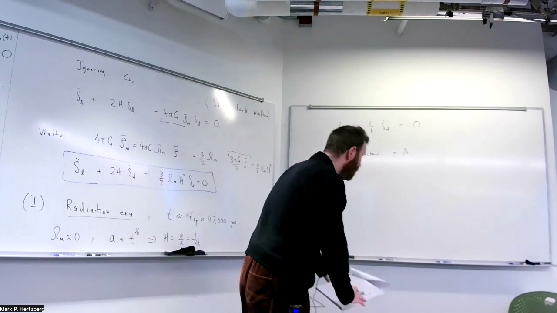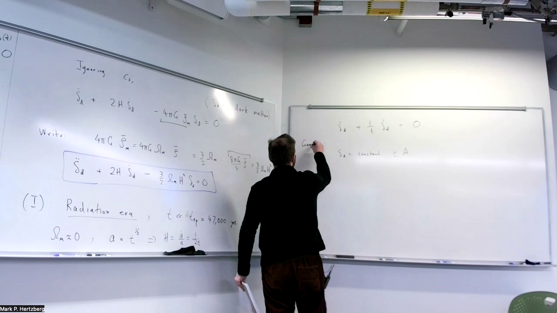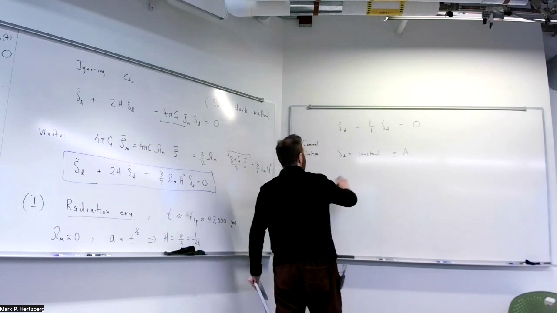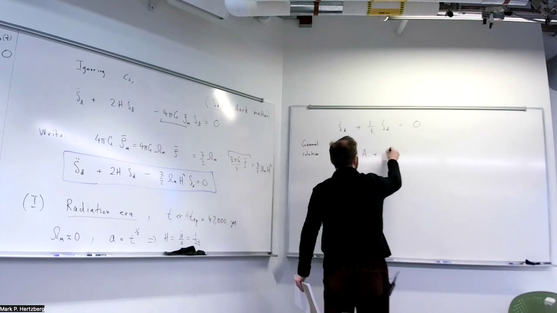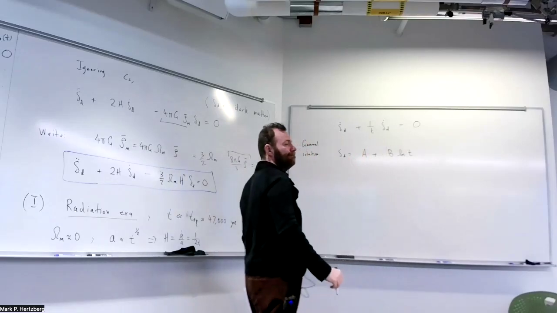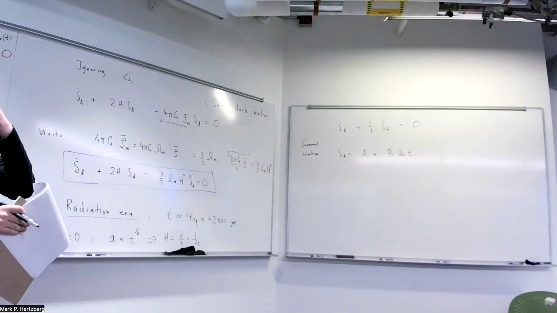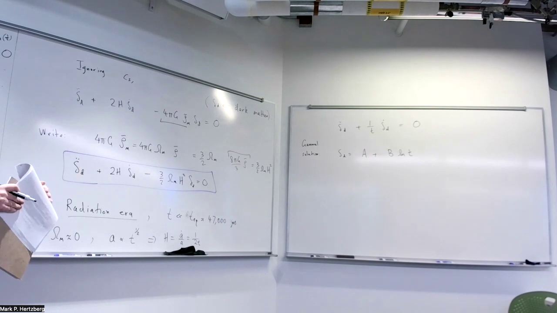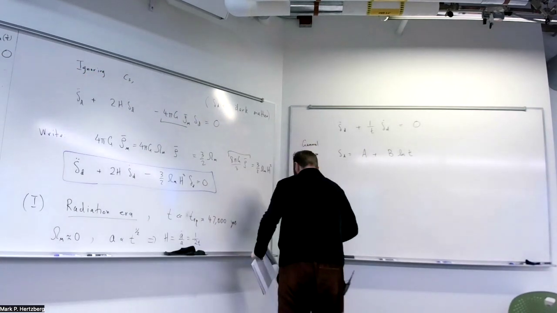Okay. So let me just state that the general solution I'm going to write as this constant, and then I'm going to add b log t. Okay. And a and b are just arbitrary numbers. It's a second order differential equation, so it should have two parameters to specify all solutions. And we can just check that this is correct.